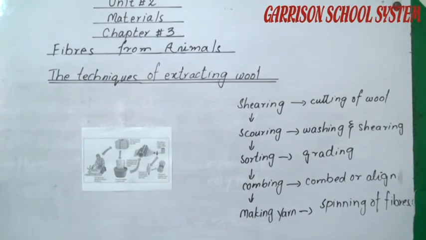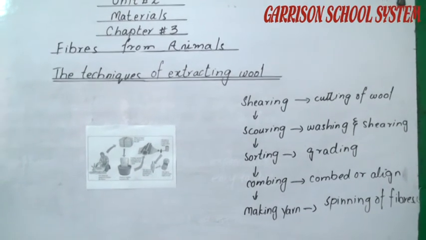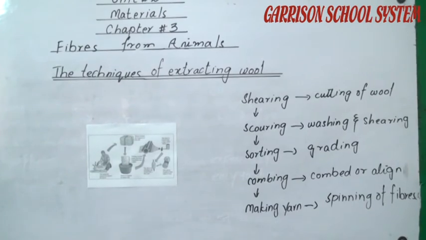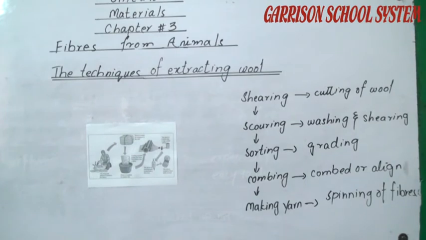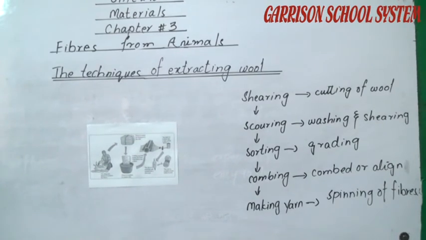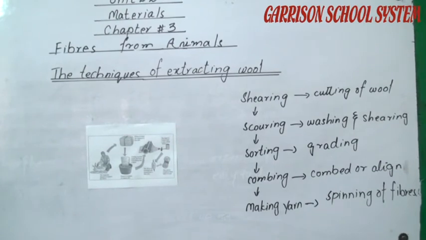After that, combing. Sorting process is followed by the combing, in which wool is combed to pull the fibers into alignment and to remove chunks of material which may be caught in it. Then combed wool is run through very fine wire brushes to line the fibers up. After that, making yarn.